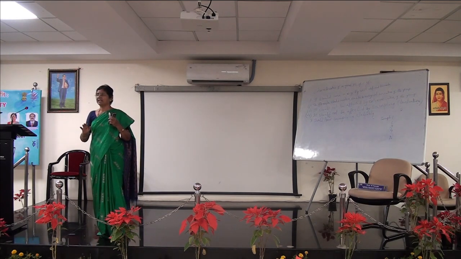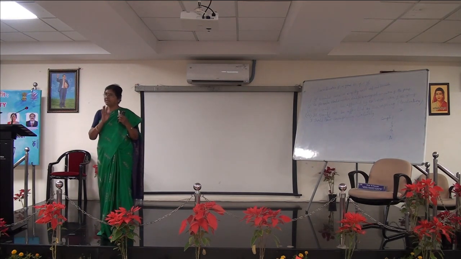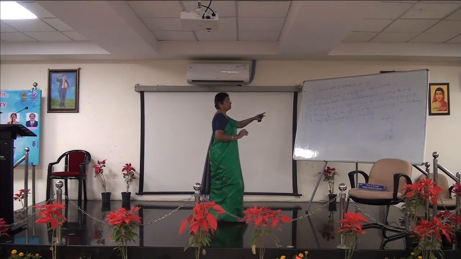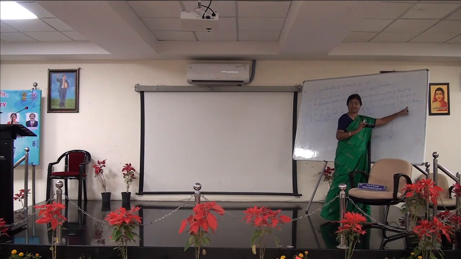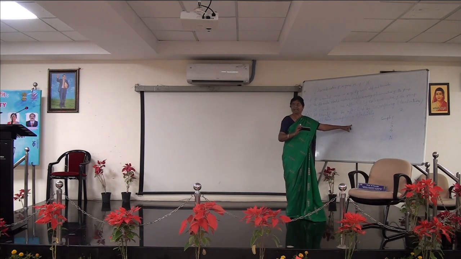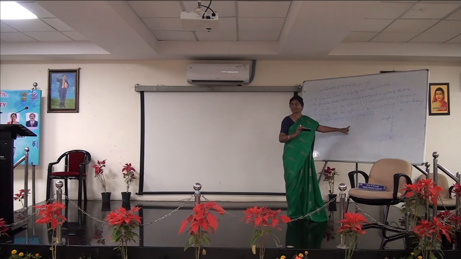Why? Because for my sample, the median may be something different, and for your sample, the median may be something different, though the arithmetic mean will be one and the same. If it differs from sample to sample, it is called sampling fluctuation. If it is more or less equal, it is called sampling stability.